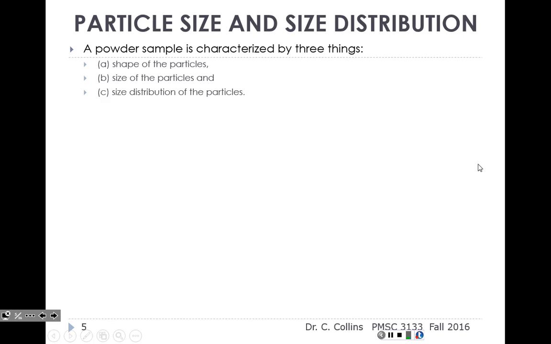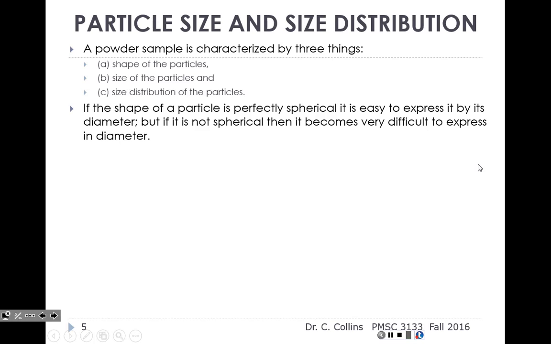So a powder sample is typically characterized by three things: the shape of the particles, the size of the particles, and the size distribution. As I said, for the most part, we tend to think of the shape as spherical, so they can sort of tumble over each other. Although certain particles, if they're made of large crystals, may be a little more cubic in nature. But thinking of them as spheres for most of the calculations and most of our estimations tends to work out pretty well.